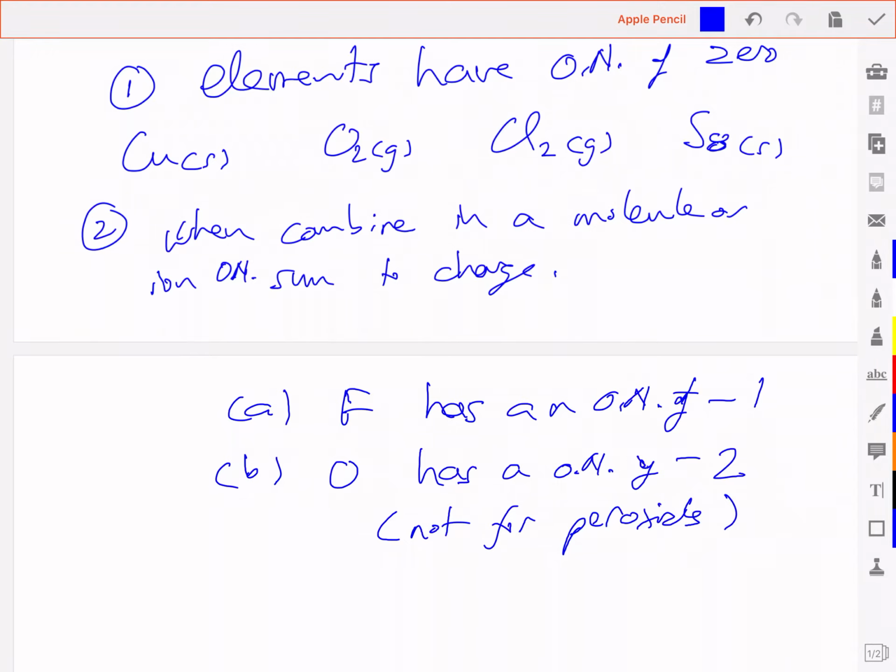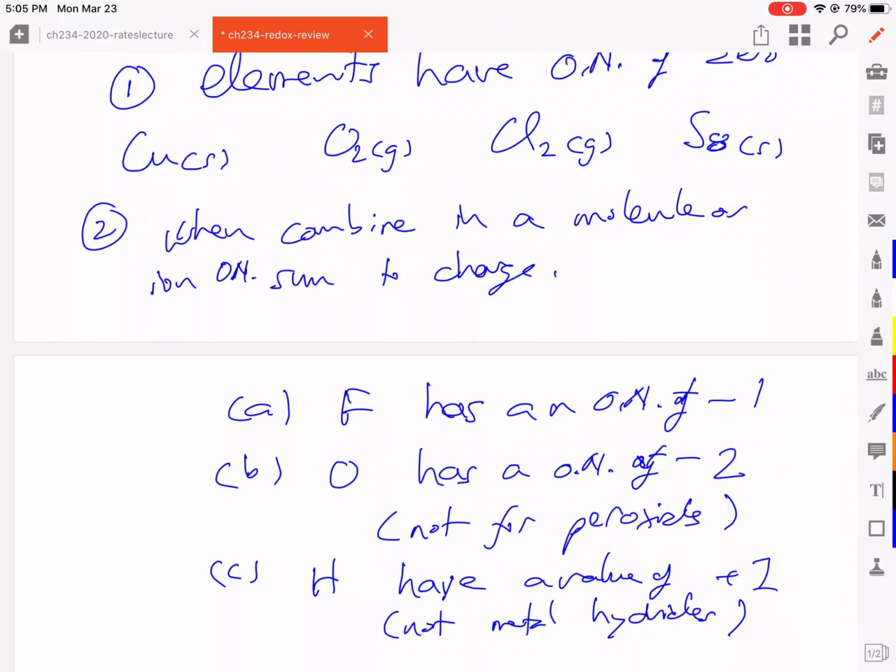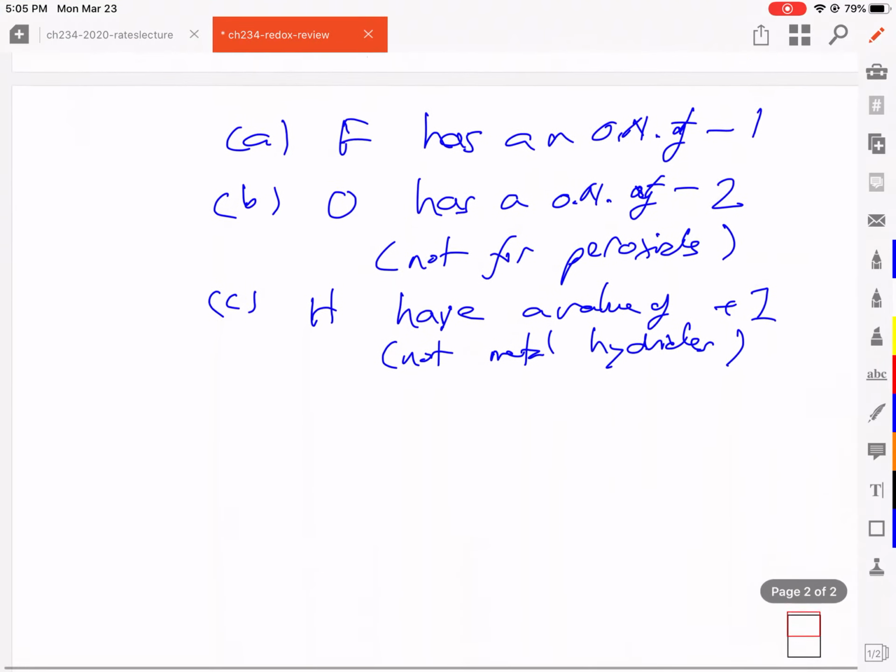But just the normal things, in water and ions, polyatomic ions, it's going to have a value of -2. And hydrogen is going to have a value of +1. And not for metal hydrides. It's actually negative in a metal hydride, but that's not something that comes up a whole lot in aquatic chemistry, so we don't have to worry about it.